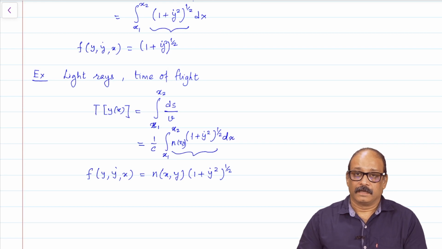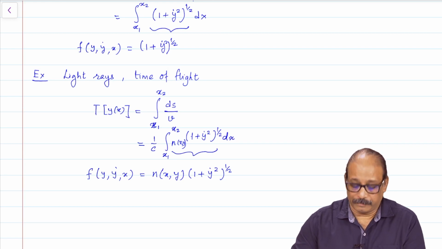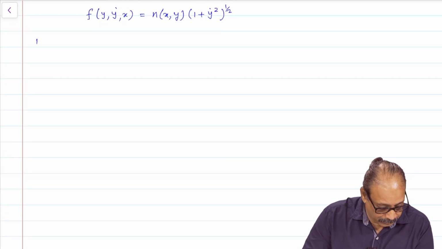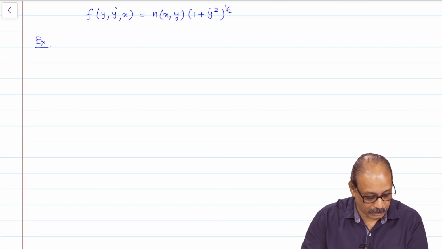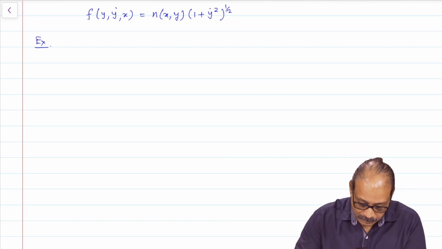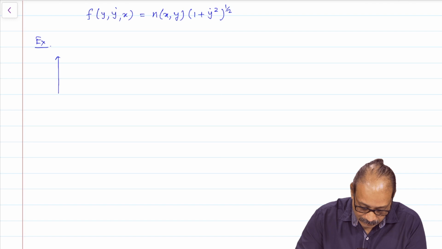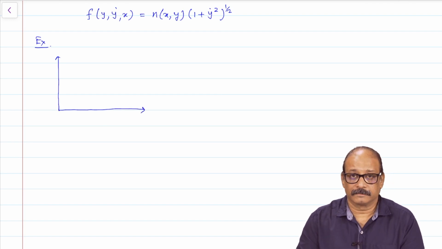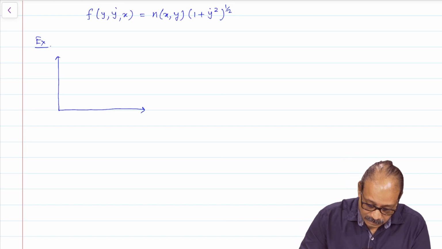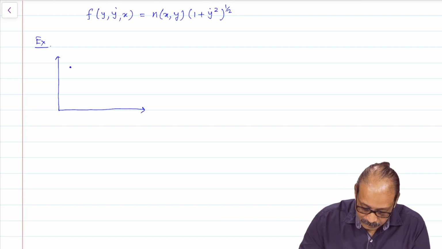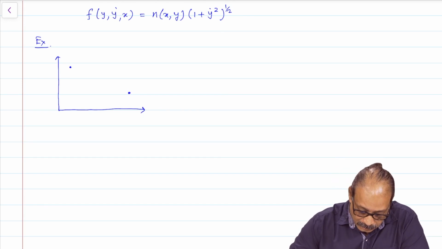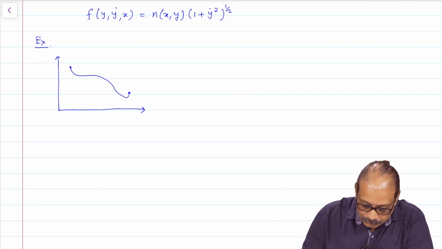Now, one more example. This is the famous brachistochrone problem. So, think of a situation where you have the vertical direction and the horizontal direction, and then you have one point here, the other point here, and you have some wire here which connects the 2 points.